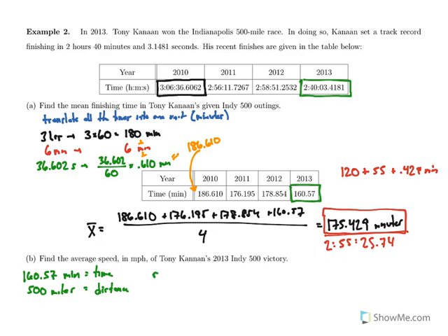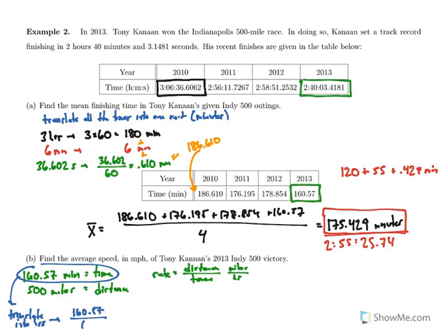The rate is going to be distance over time, like miles per hour. We just need to translate our 160.57 minutes into hours. So we can do that by saying 160.57 divided by 60 will give us 2.676 hours.